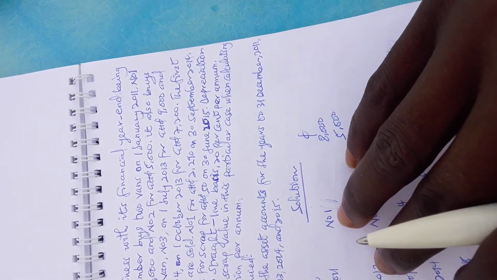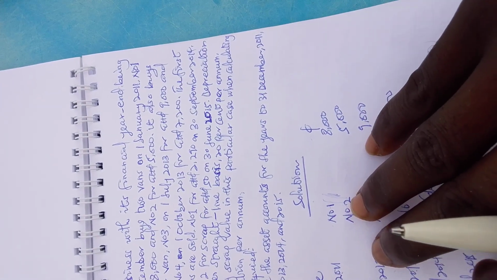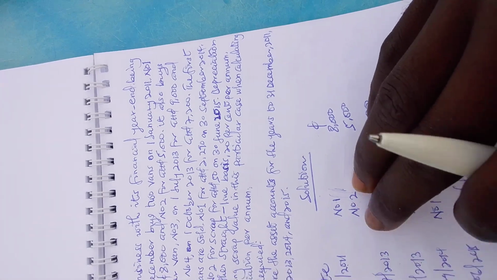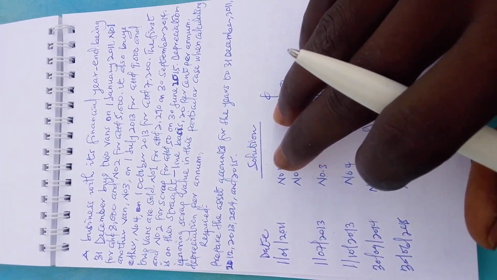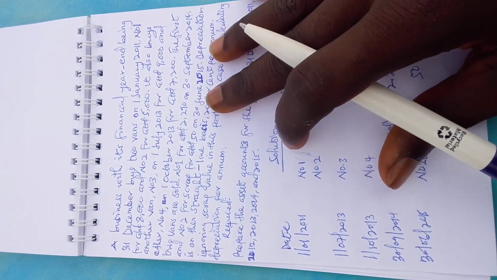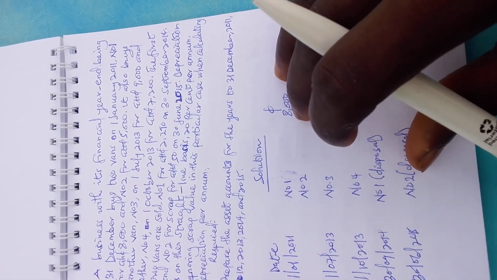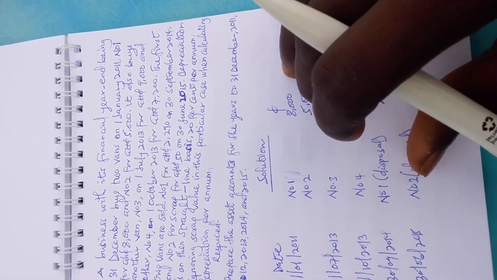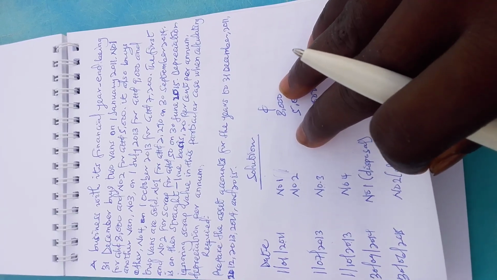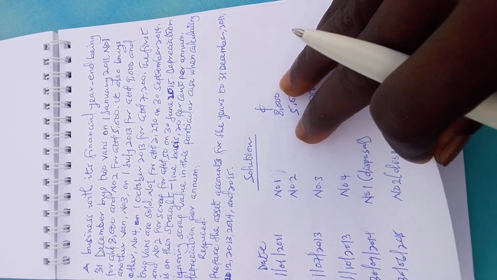Then when I'm done I will include the disposal. So I just want you to follow me to calculate step by step how to get the depreciation, the accumulated depreciation, the workings, and also the T account.